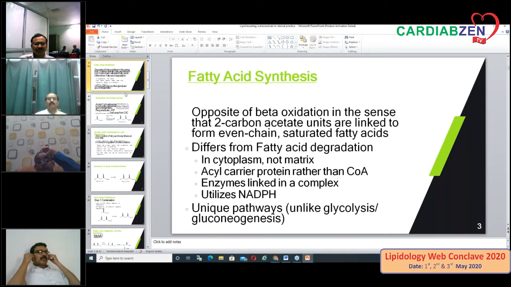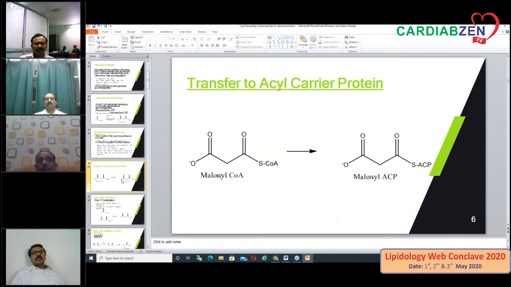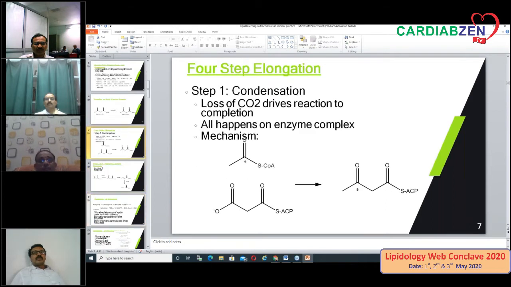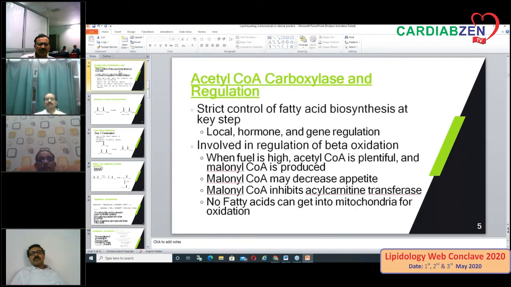So, a brief introduction about fatty acid synthesis. I have told you in brief that acetyl coenzyme A carboxylase and its regulation is a strict controlling mechanism for fatty acid synthesis at the key step level, and transfer to acyl carrier protein is mandatory for synthesis of malonyl coenzyme A. When a person is eating normally, there is plentiful malonyl and other intermediate metabolic products.